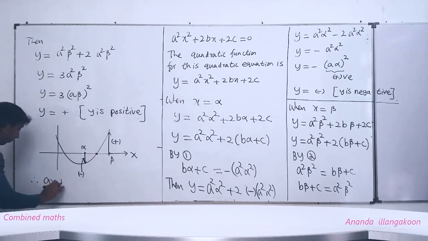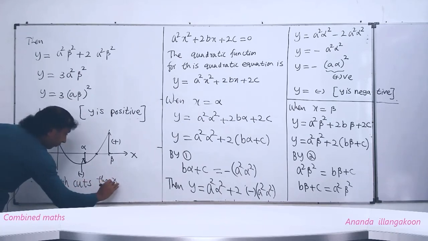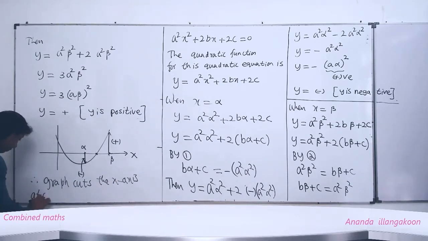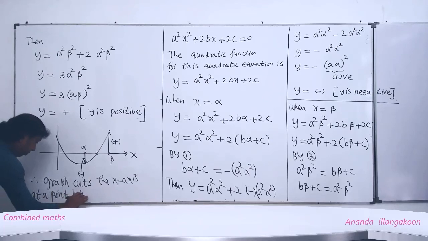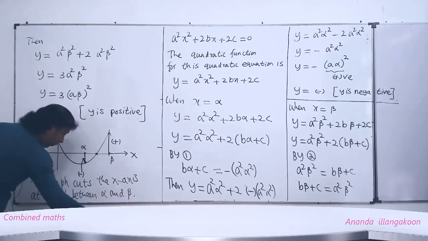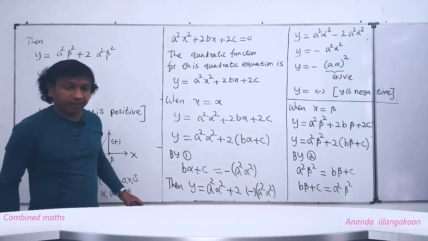Therefore, the graph cuts the x-axis at a point between alpha and beta. Therefore, the given quadratic equation has a root between alpha and beta, right?